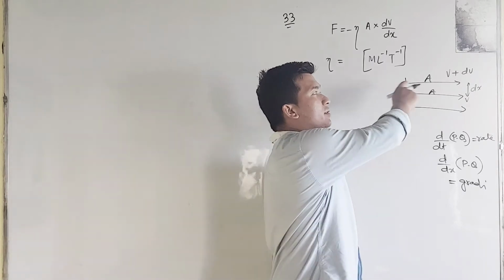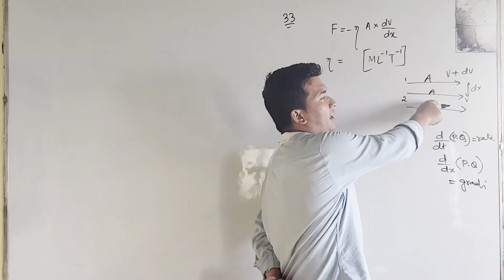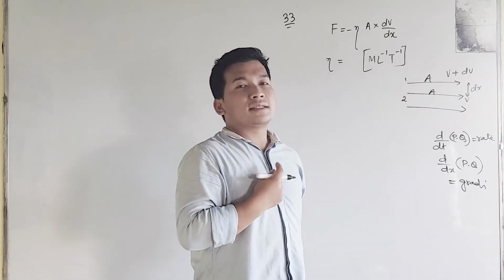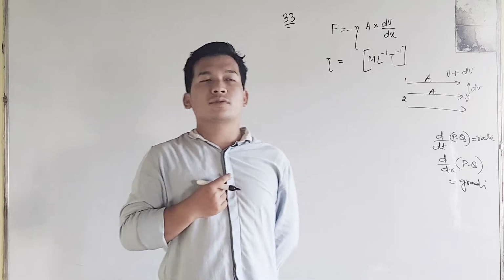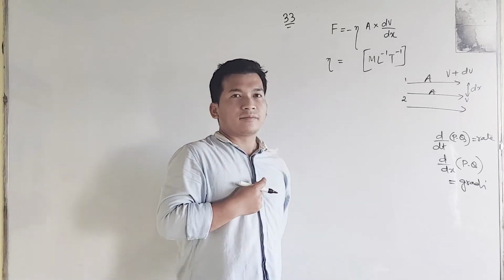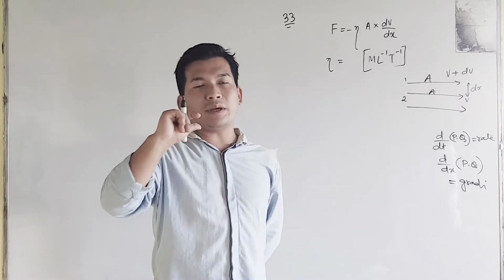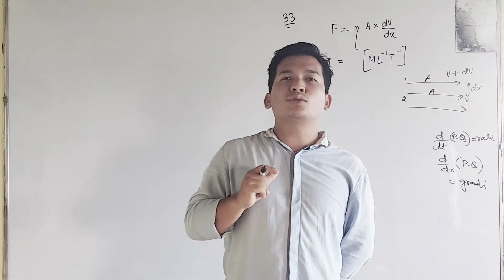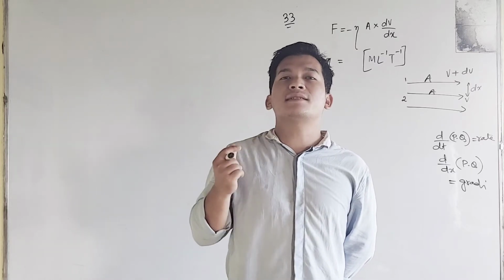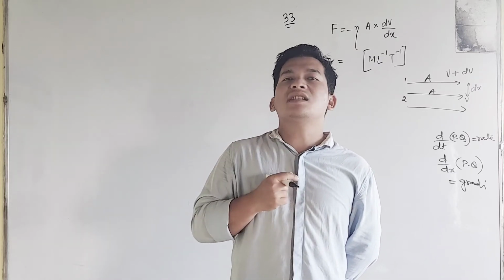The first layer will try to reduce the velocity of the second layer. At the same time, the second layer will also try to reduce the velocity of the first layer. That is the mutual opposition to the flow of fluids between layers. This is known as viscosity.